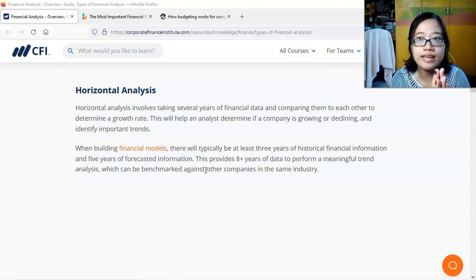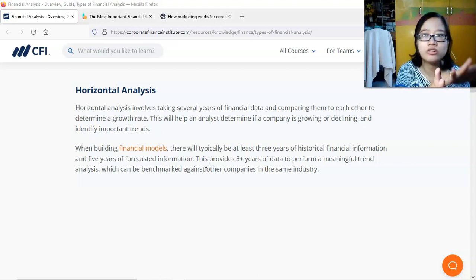Then you can project data, project ibig sabihin sa future. Pwede mong i-estimate kung magkano yung magiging figures in the future by using yung trends na nakita mo dun sa historical data. Okay? So kung 5 years yung trend in the previous years, pwede mong i-assume na in the future years, 5% then each year yung magiging increase niya, okay, for that particular item.